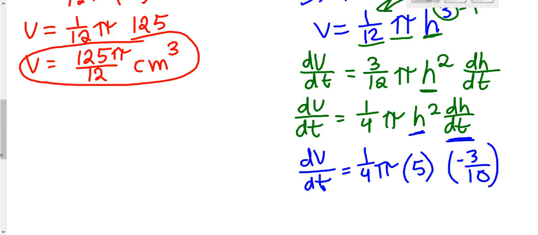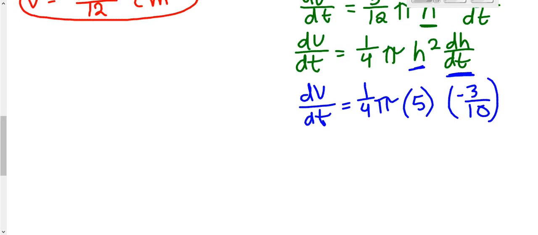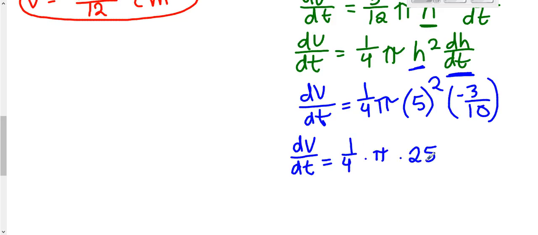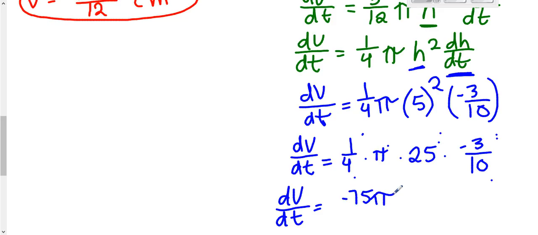So when we multiply all this together, 5 is squared. So dV/dt is 1/4 times pi times 25 times negative 3 over 10. So what's on the bottom can be combined, and what's on the top can be combined. So dV/dt is 1 times pi times 25 times negative 3, which is negative 75 pi, over 4 times 10, which is 40.